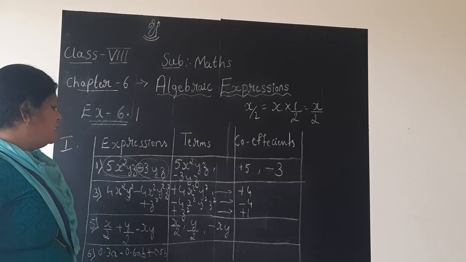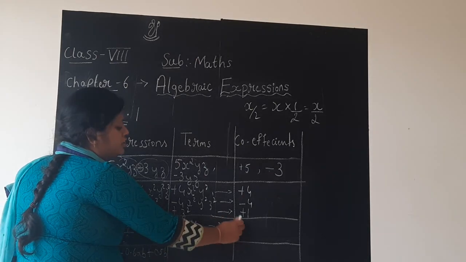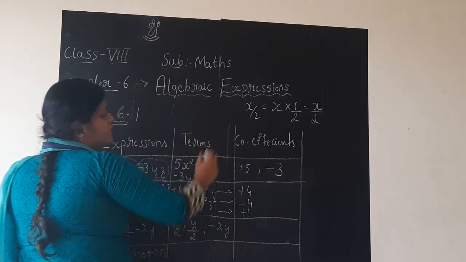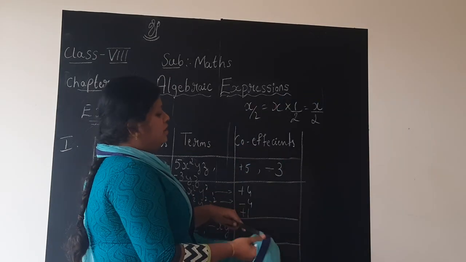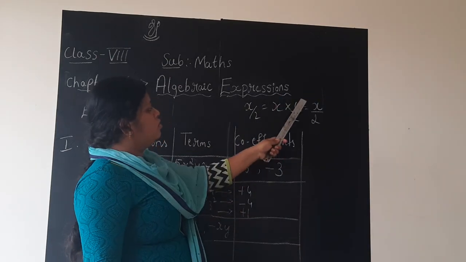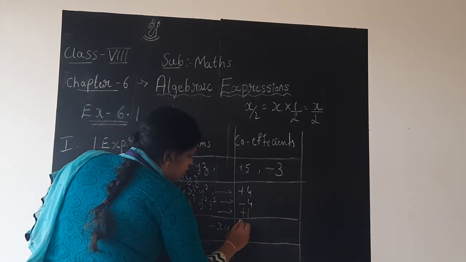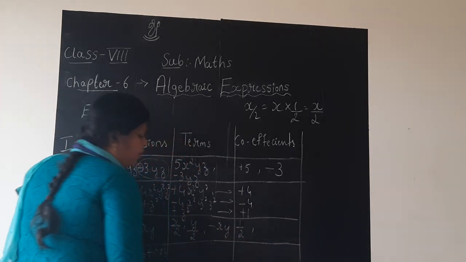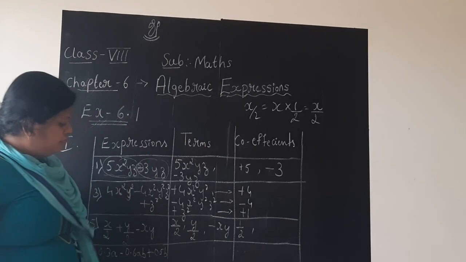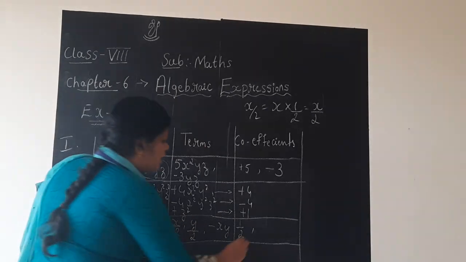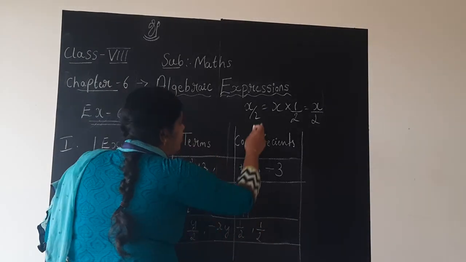After writing the terms, their respective coefficients should be filled here. As I showed you here, x by 2 coefficient is 1 by 2. See here, coefficient of x by 2 is 1 by 2. Similarly, coefficient of y by 2 is again 1 by 2. Why?